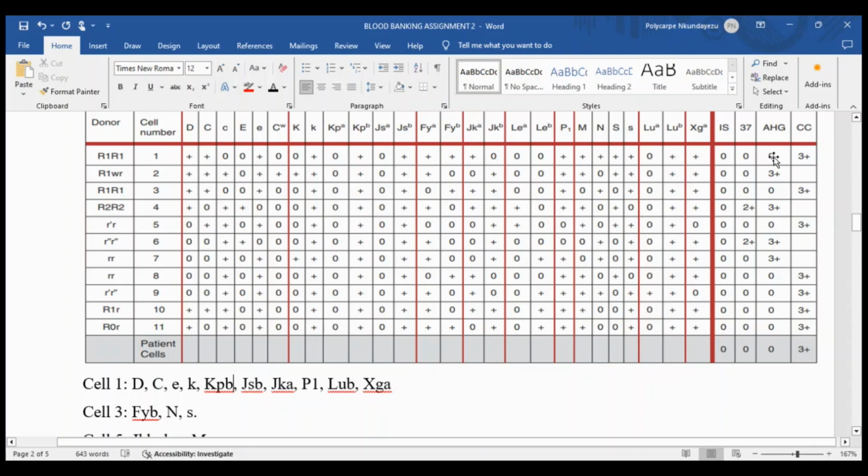So we can use it for exclusion. As you can see, our control cell is positive, which means the validity of our negative result is confirmed. So we go to cell number 3, because cell number 3 can also be used for exclusion, since it is not reacting.